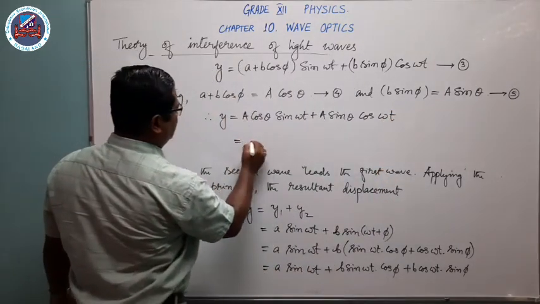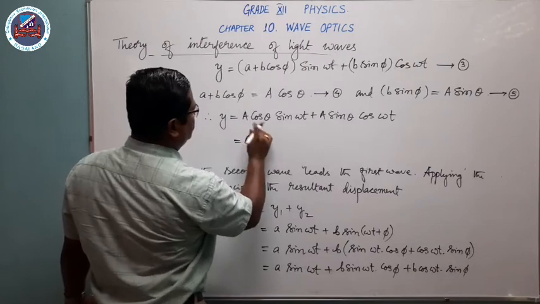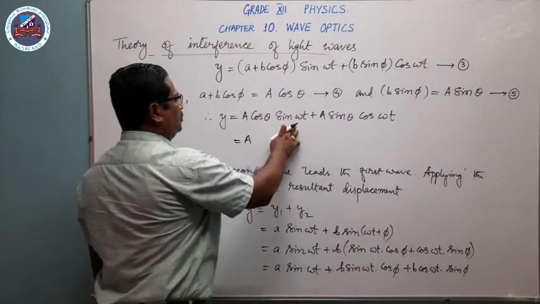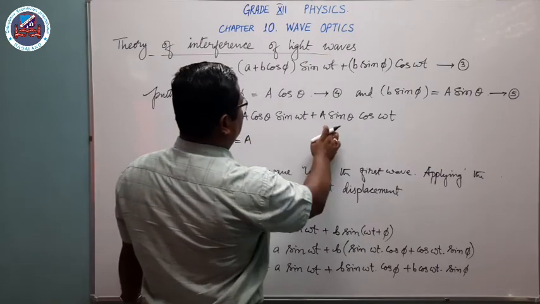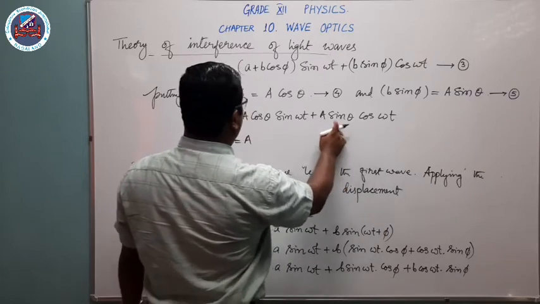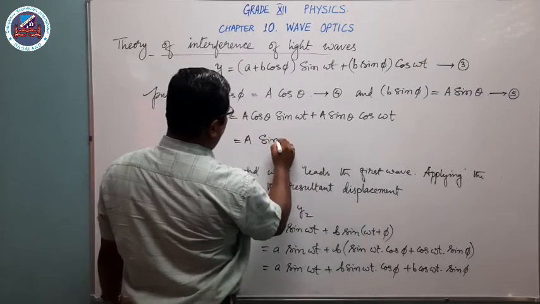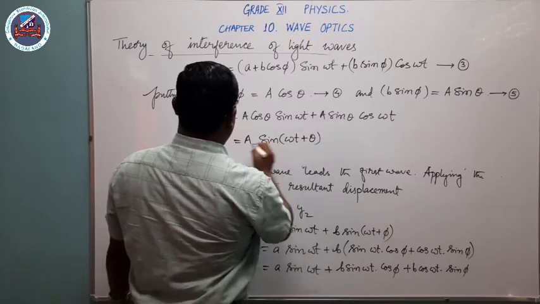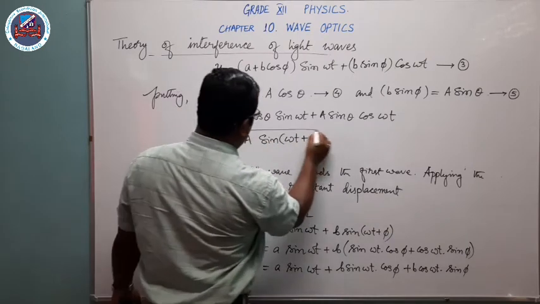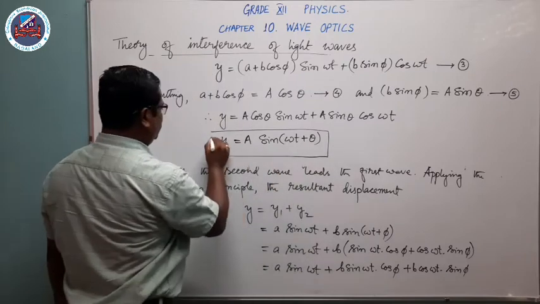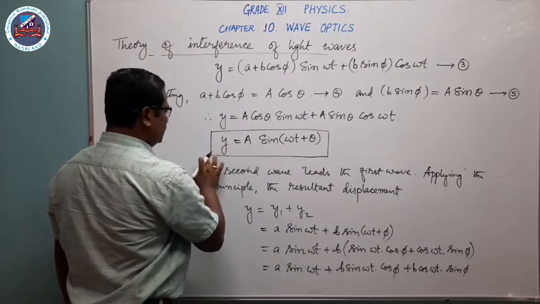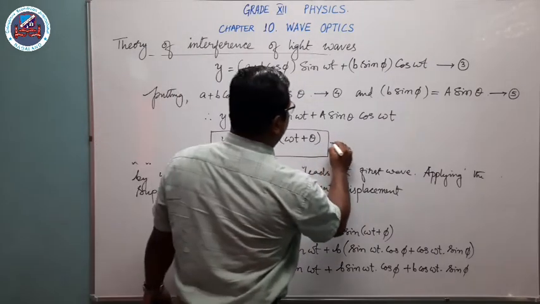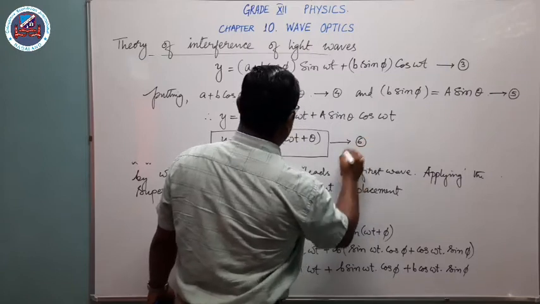Then you will get A common, sin omega t cos theta plus cos omega t sin theta is sin omega t plus theta. So this will be your new wave equation, or we can call it the displacement of the resultant wave. This one is marked as equation number 6.